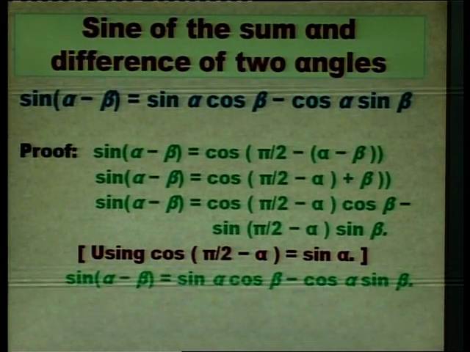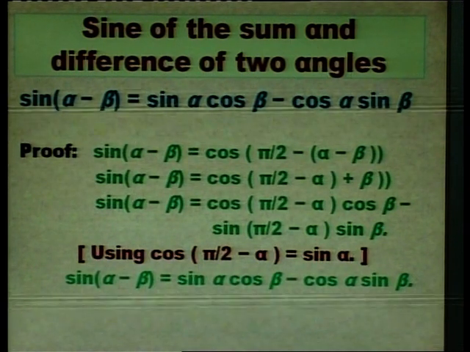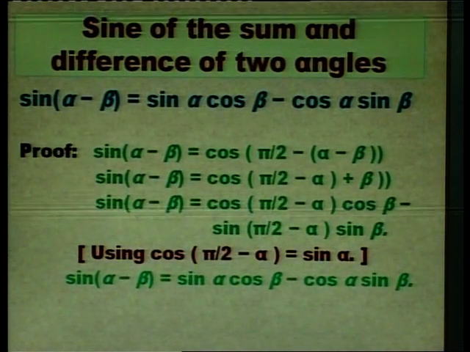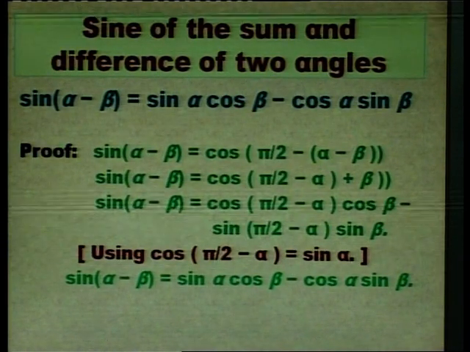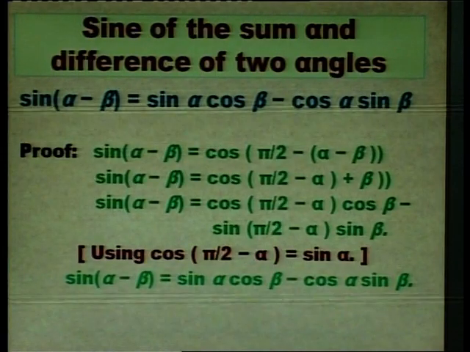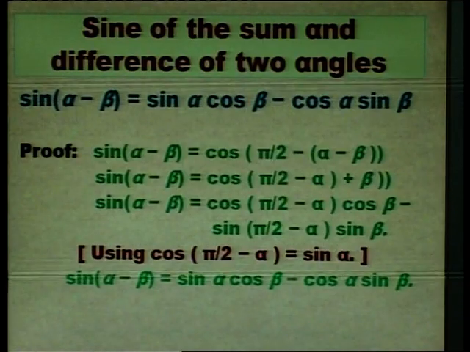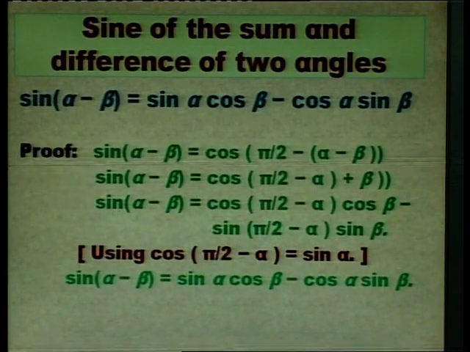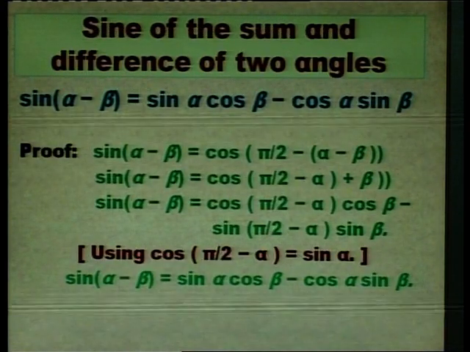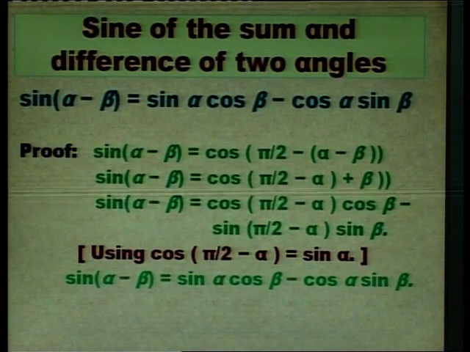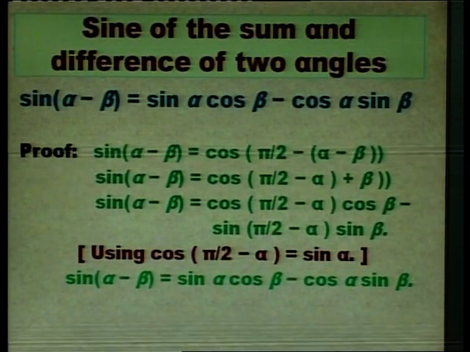So, pi by 2 minus alpha you treat as, let us say, a, and beta as b. So, this is once again of the form cos of a plus b, and for cos of a plus b, the very first formula which we derived was cos a cos b minus sin a sin b. Using that formula, sin of alpha minus beta is cos of pi by 2 minus alpha into cos beta minus sin of pi by 2 minus alpha into sin beta.